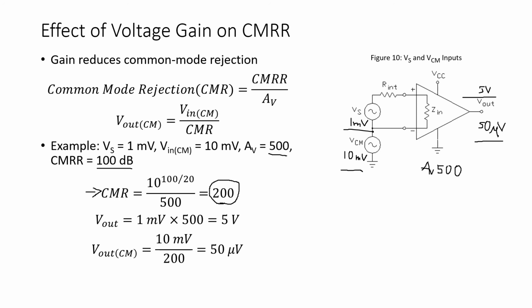So when we talk about a differential amplifier that has some gain associated with it, we have to reduce the common mode rejection ratio by the value of voltage gain, and we get a new term that I call the common mode rejection of the amplifier. CMR equals CMRR divided by the voltage gain. We can calculate the common mode output by taking the common mode input divided by the common mode rejection value.